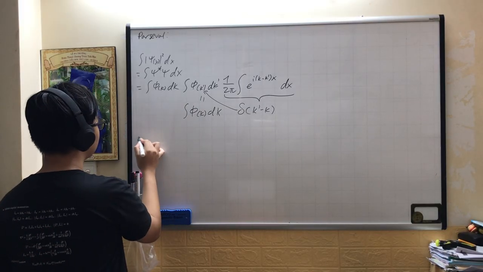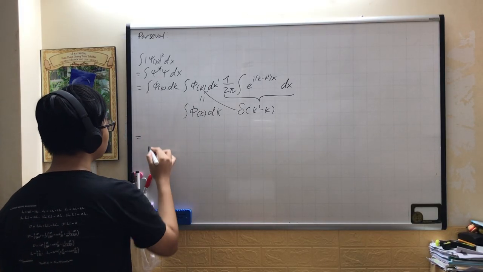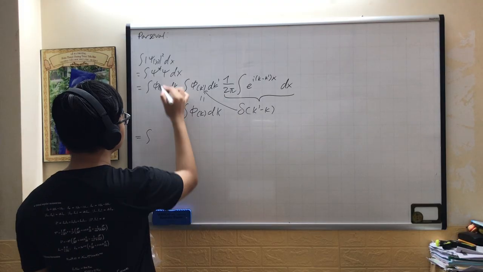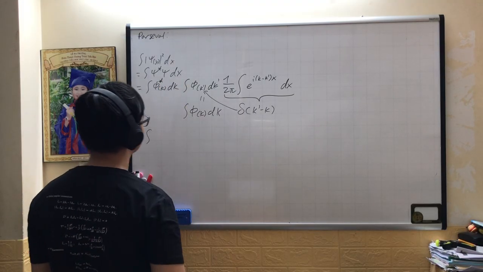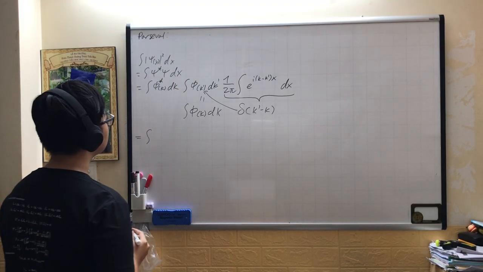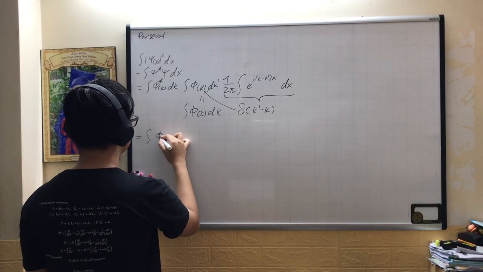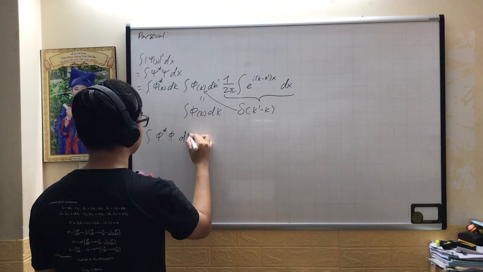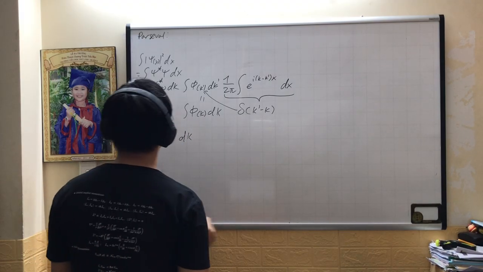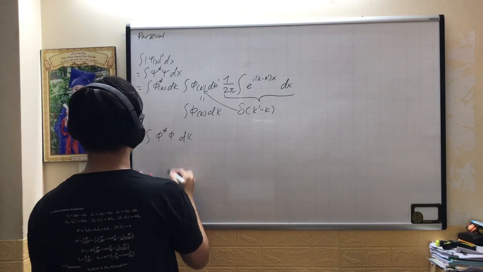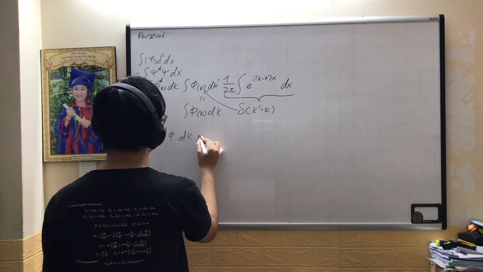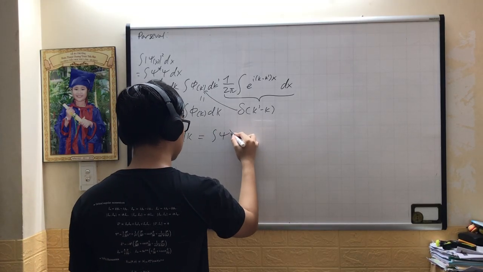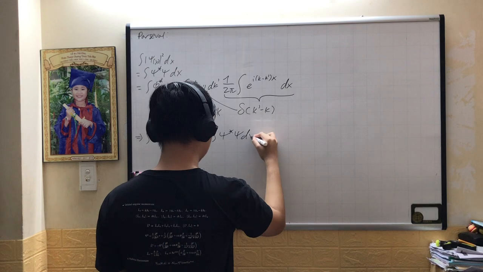Since these two are the same, we merge the integral and this. Oh, I forgot the complex conjugate there. You would get phi star phi dk. So all in all, you get this to be equal to the x counterpart of it.